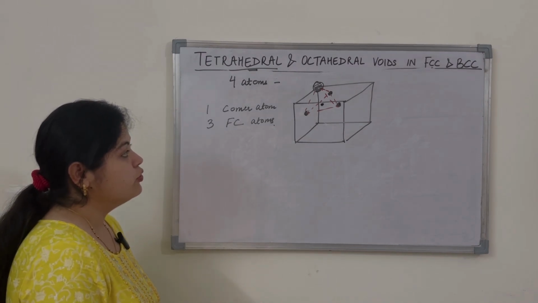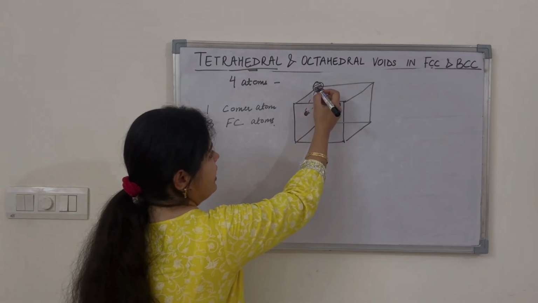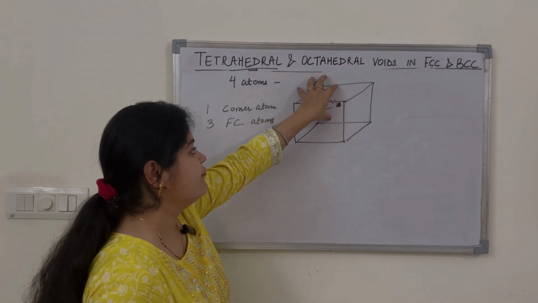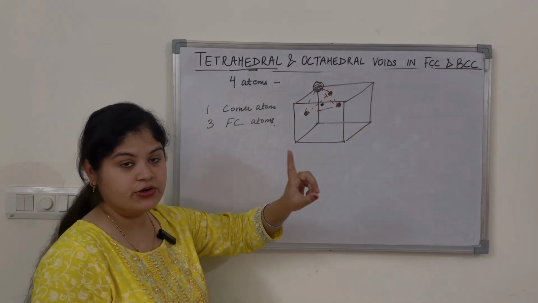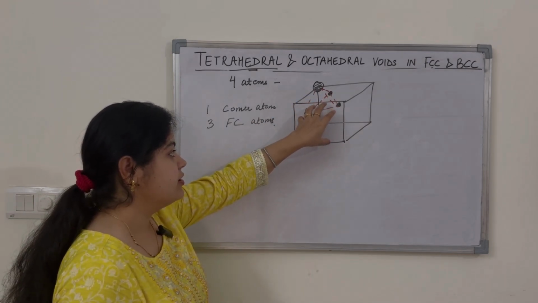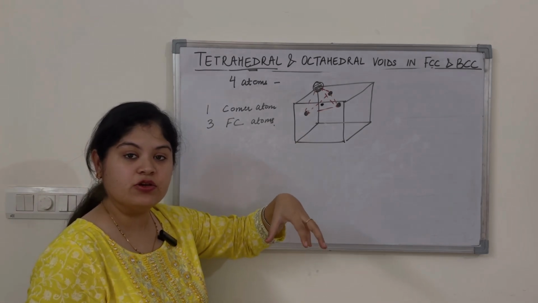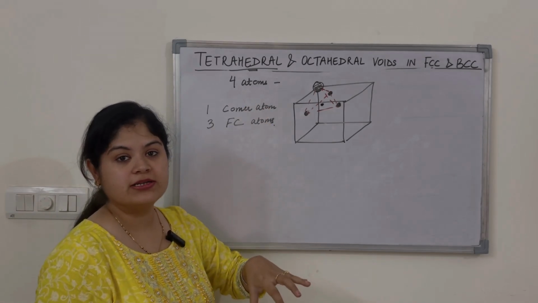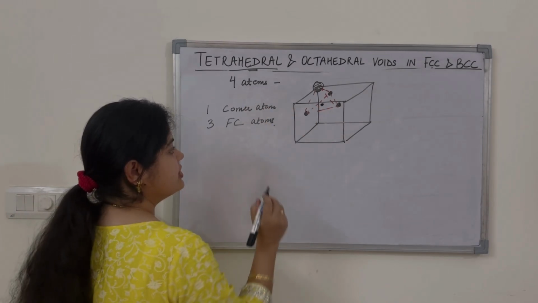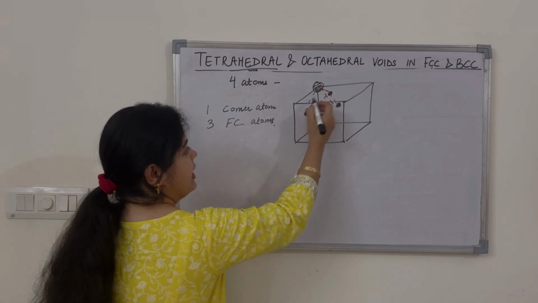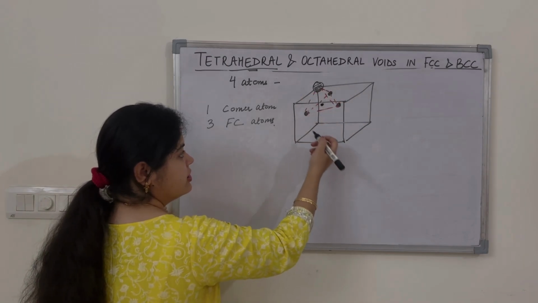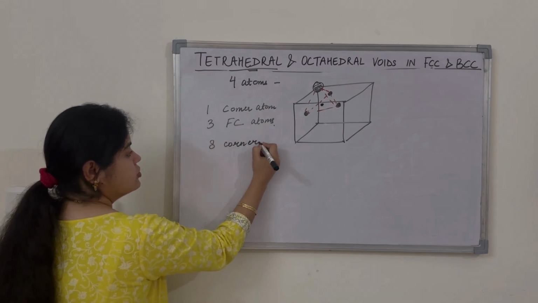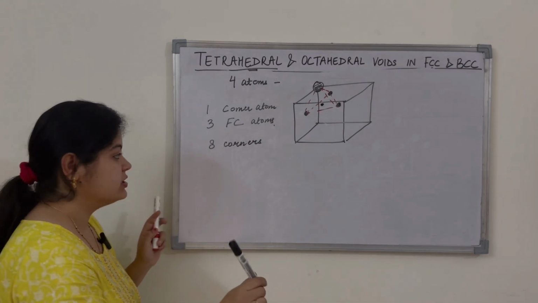Now we have this arrangement in every corner, and for every corner we have one tetrahedral void, and this tetrahedral void is completely inside the unit cell. It is inside the structure. So it contributes fully towards the unit cell. So its contribution is 1. So we have a cube with 8 corners, and at every corner we have one tetrahedral void.